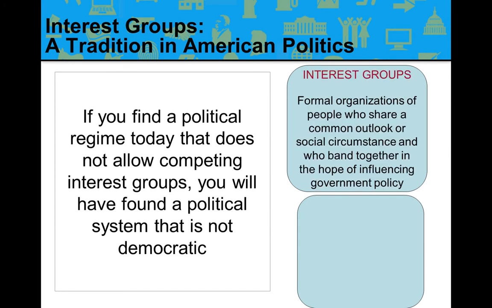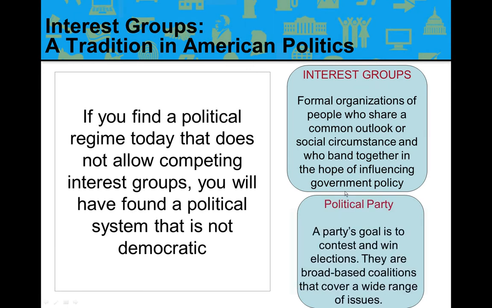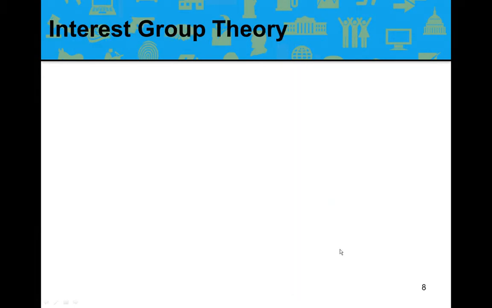Okay. So again, this is our definition of an interest group, a formal organization who share some common outlook or social circumstance or some other interest, and they band together because they want to influence public policy. Whereas a political party, its goal is to contest and win elections, and again, they're broad-based and cover a wide range of issues.